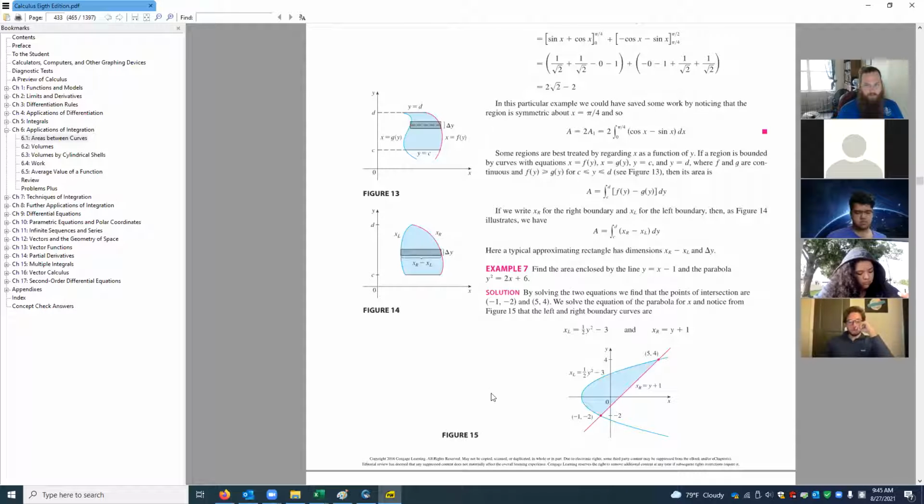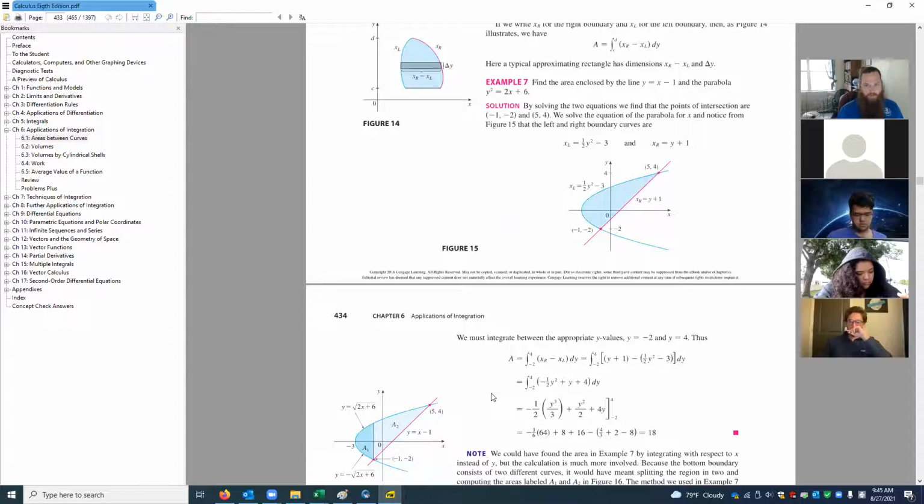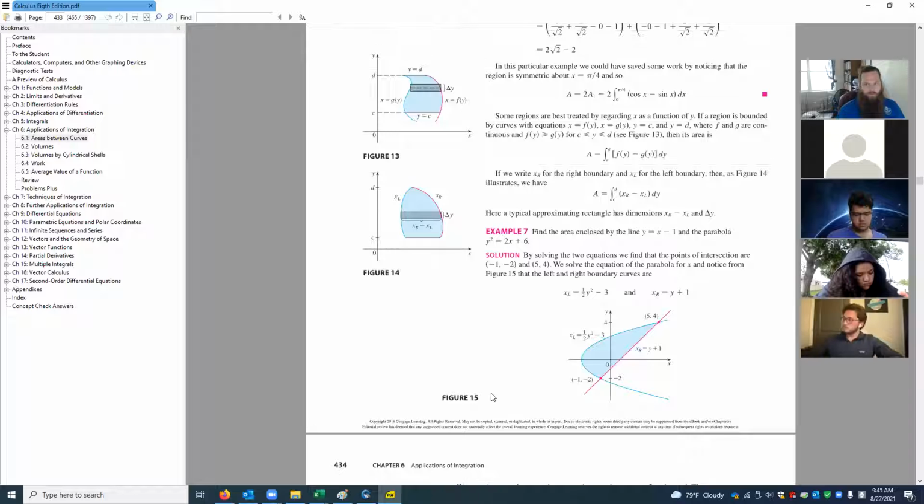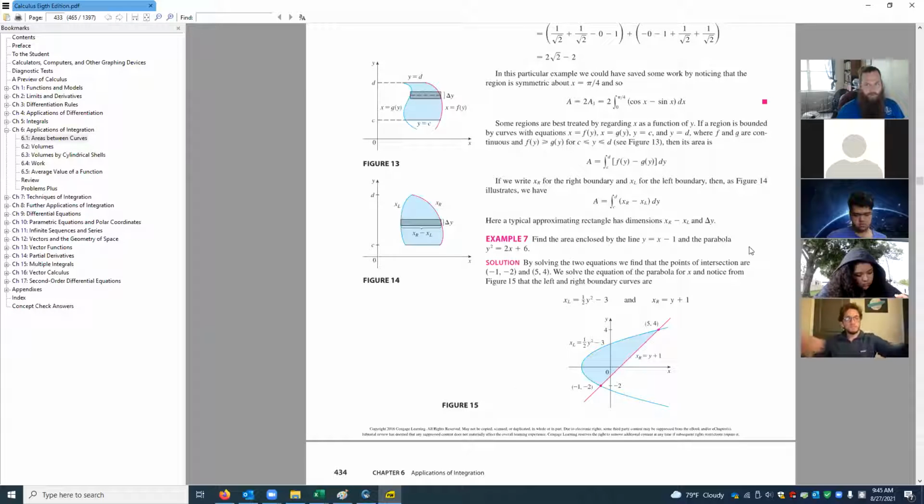Here's one which we have not done. So let's take a look at that. Find the area enclosed by y equals x minus 1 and y squared equals 2x plus 6.